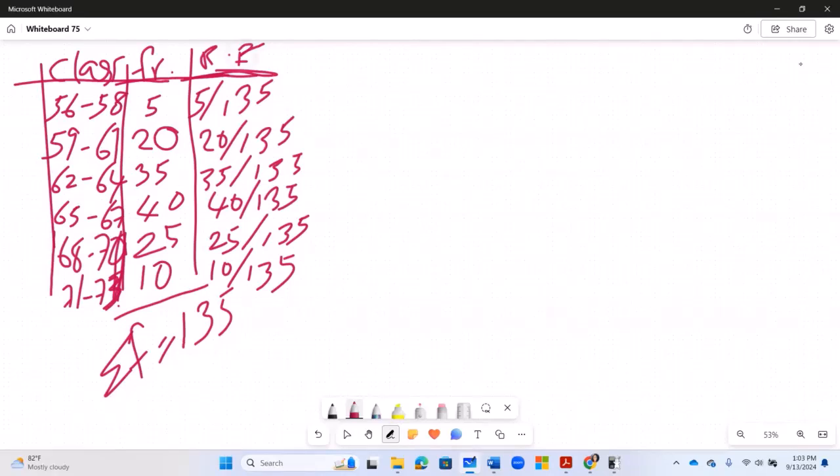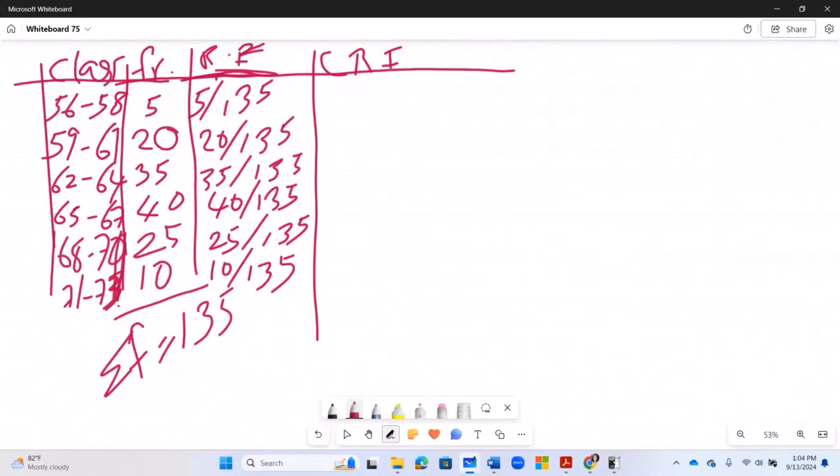All right, suppose I'm told to find the cumulative relative frequency. I will put it here, cumulative relative frequency. Remember, it is the relative frequency of each class plus the one above. Well, right here, there is no one above the first class.